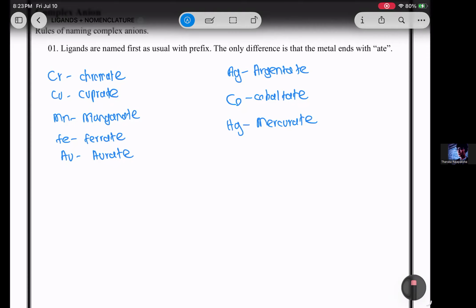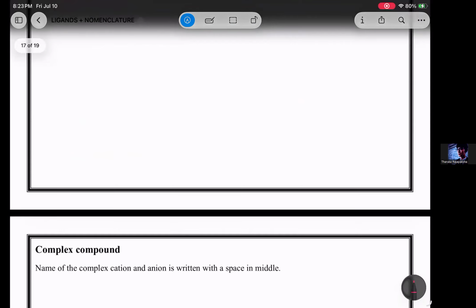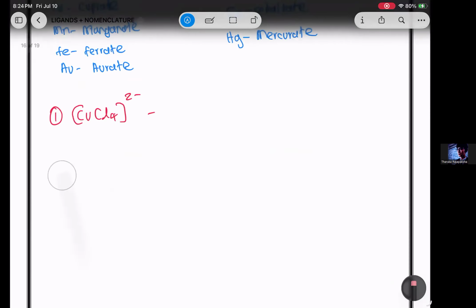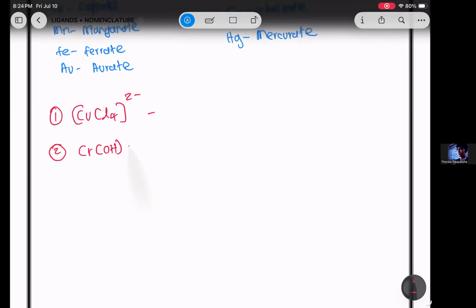So we'll write examples. First one, CuCl4 2 minus. Second one, chromium OH 4 sulfate minus.